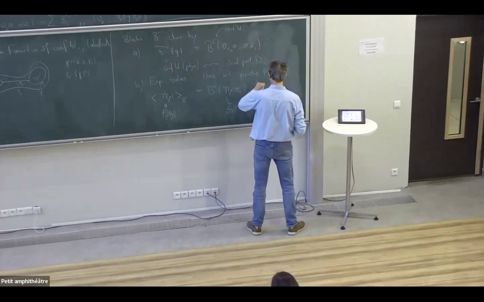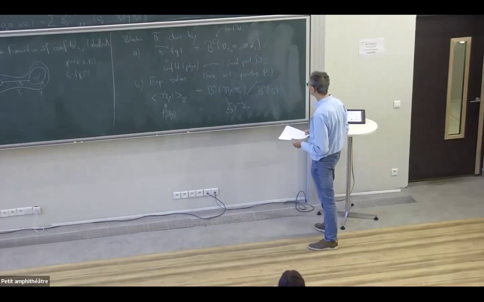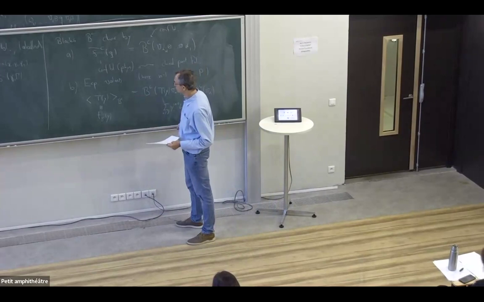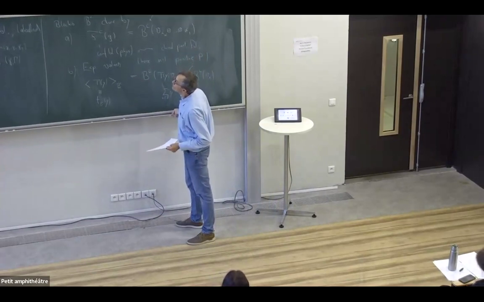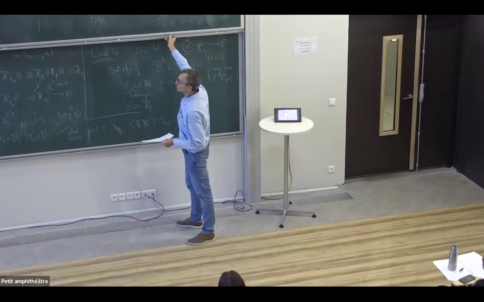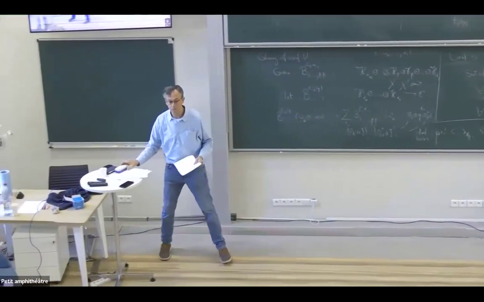And I'm going to normalize it by its chiral partition function itself. That's an important object because in some sense, what I can prove is that it provides an alternative characterization of the information.